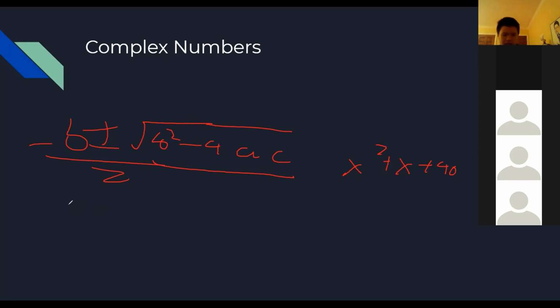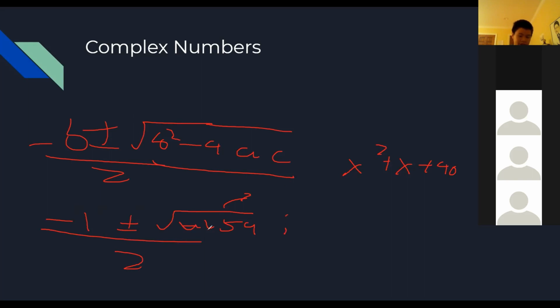What I mean by that is, if you put it out here, this becomes the square root of negative 159. I've said before that this is real. However, it is imaginary. Put out negative and then put an i. Although you can put the negative out, you need to keep the radical inside. So the solutions to this would be negative 1 plus or minus square root 159 i divided by 2, which you can actually write as roots like this, but it's not very nice to write these.